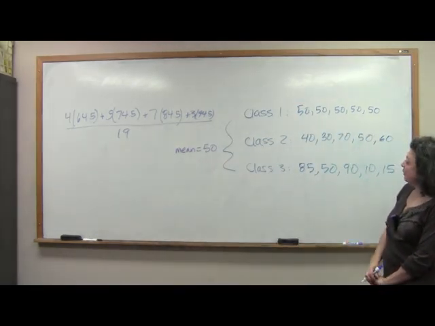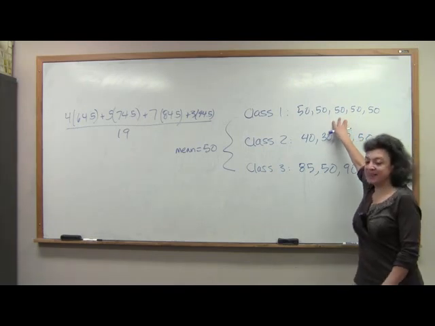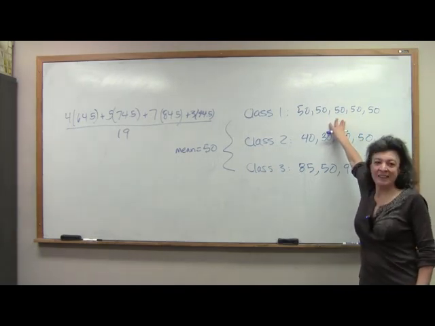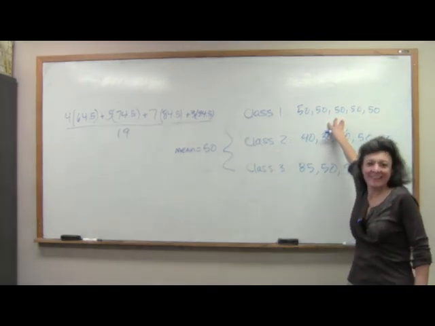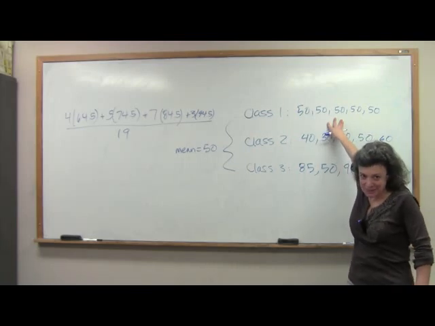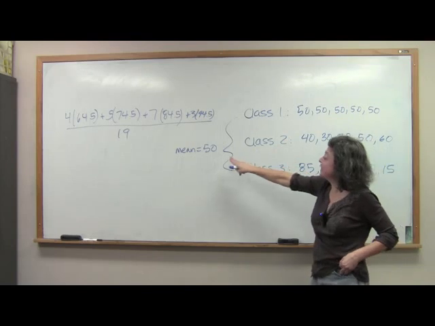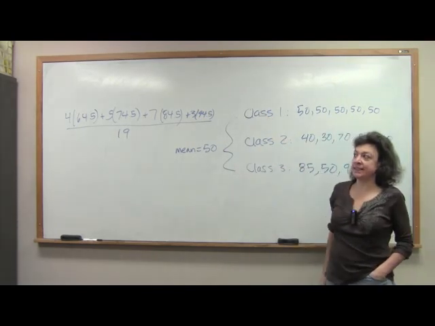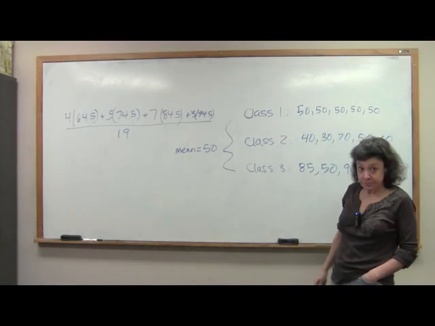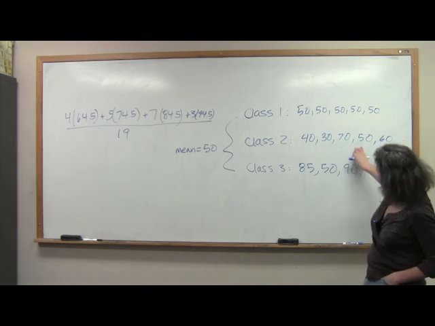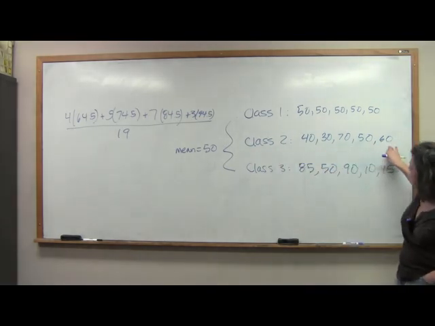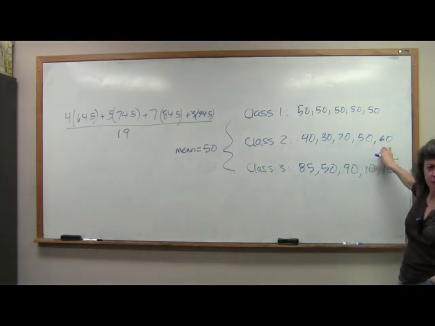Okay? Now, in my first class, I don't think a mean can get more indicative than that. Everybody got the same score, which isn't necessarily a good score, but nonetheless, the mean is extremely indicative of what happened here. In my second class, yeah, my mean kind of tells me what's going on.